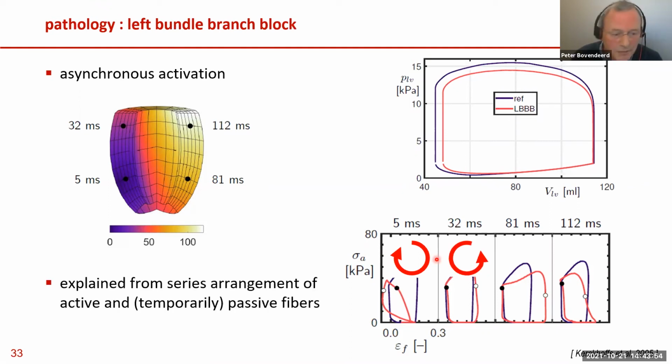This can be explained, of course, from what we saw before in this very simple 2-segment model, where we also saw how active work density depended on moment of activation.